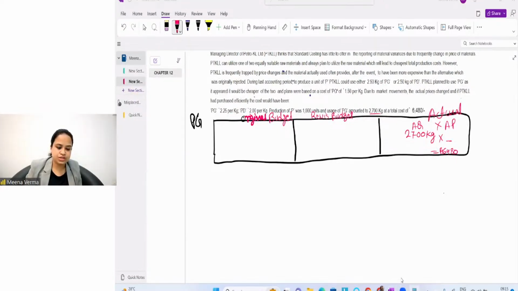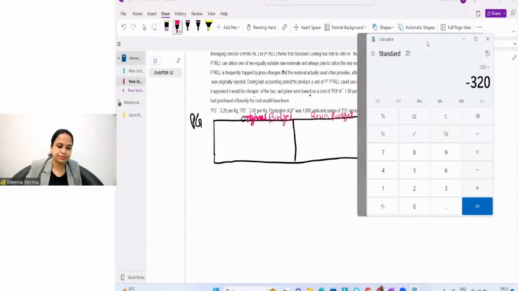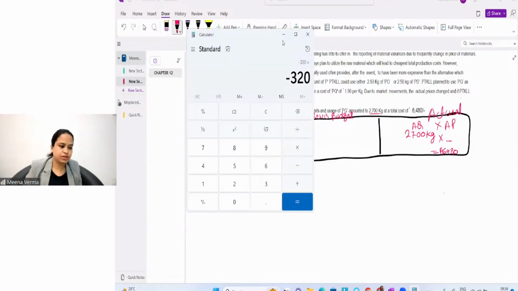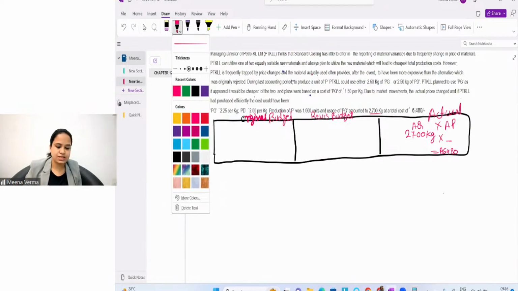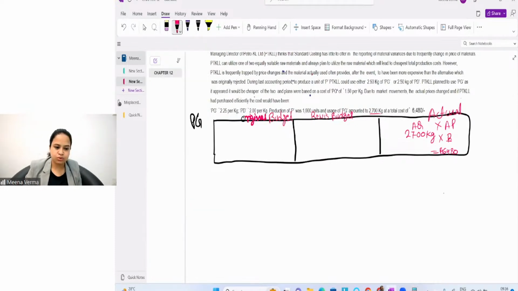Just divide it, get the price first. So 6480 divided by 2700 is coming as 2.4. Rupees 2.4 is coming here. All right, this is the actual scenario.